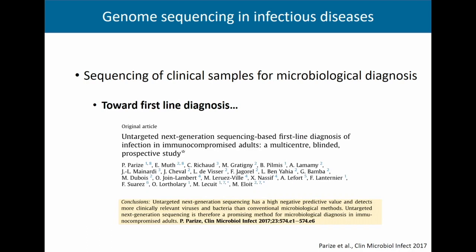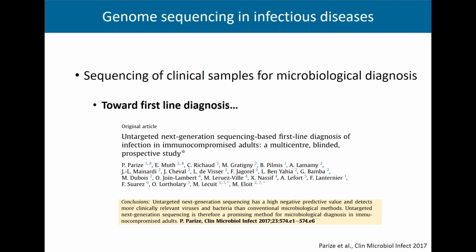And lastly, I'd like to say on this topic that we are actually moving from research to the clinics, and there is a possibility that in the near future we will use next-generation sequencing and metagenomic approaches for first-line diagnosis in infectious disease.